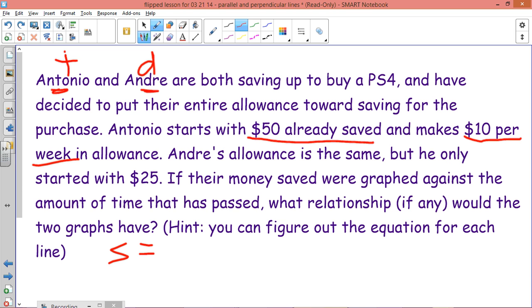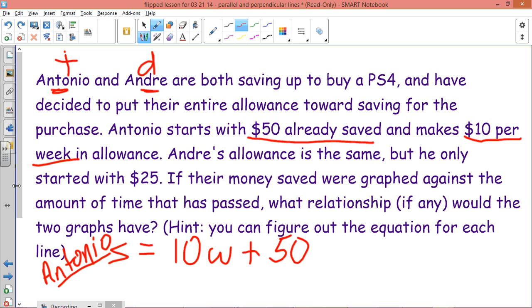Actually, we didn't even need variables for Antonio and Andre. So the savings, S, for Antonio is going to equal, he's already got $50 and he makes $10 per week, so 10 times W plus 50.